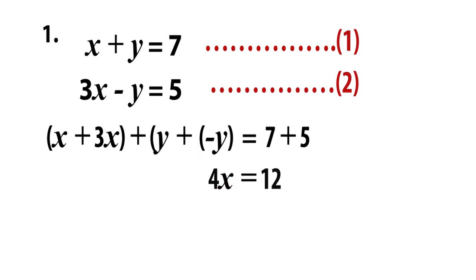Now let's divide both sides of the equation by 4. So we have 4x divided by 4 is equal to 12 divided by 4. And that will give us x is equal to 3. Now to find the value of y, let's put x equal to 3 into either equation 1 or equation 2.